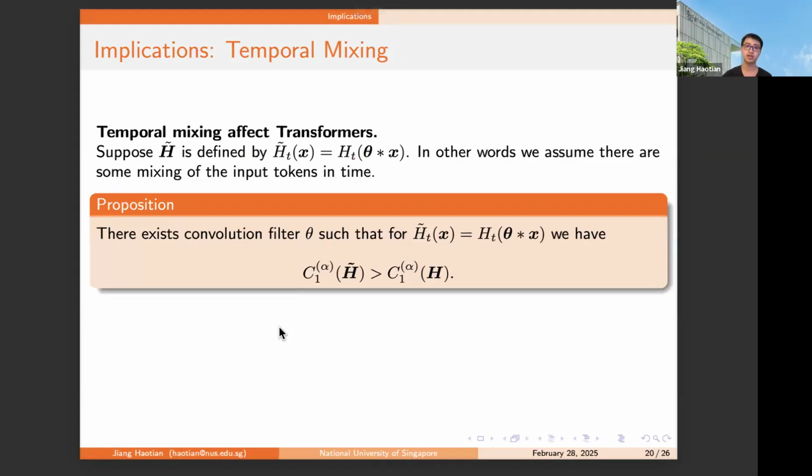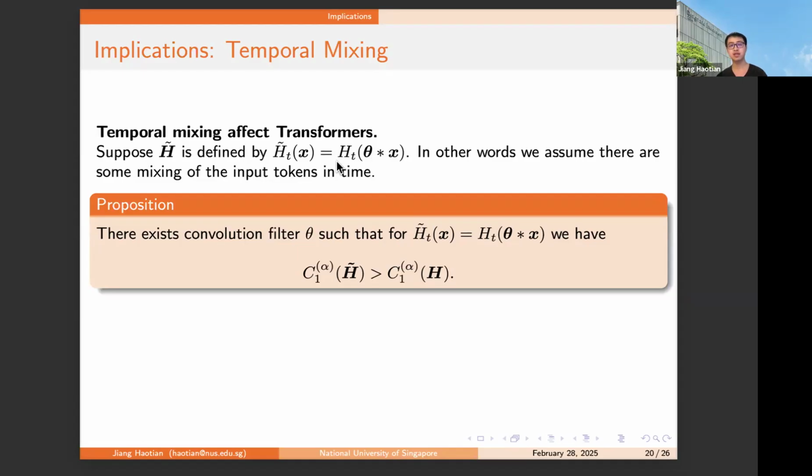Okay, nice. Let's look at another operation, which we call temporal mixing. Temporal mixing will affect transformers. So what do we mean by temporal mixing? Here, let's suppose some target H is defined by this equation, where theta is a 1D convolution filter.